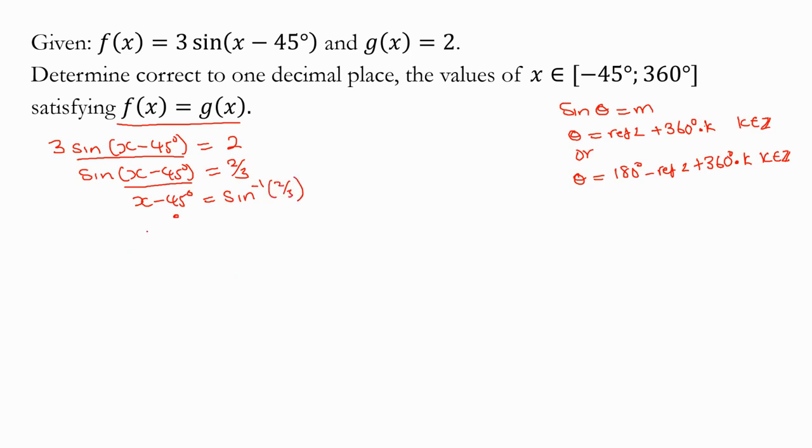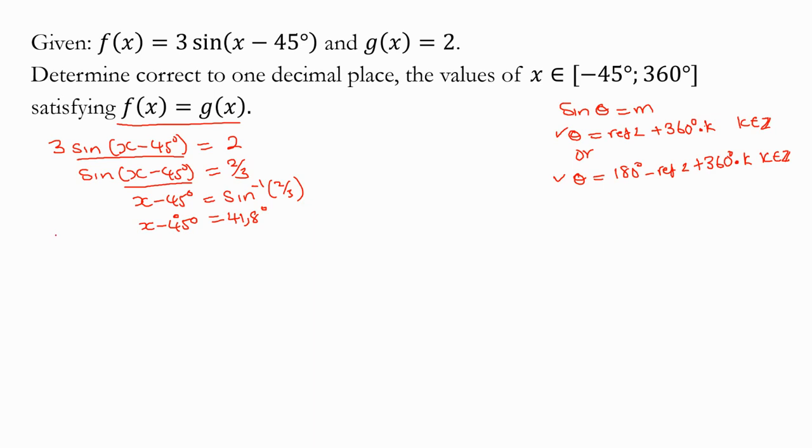So x − 45° is equal to 41.8°. They said one decimal place. Now we're going to have solution 1 and solution 2.